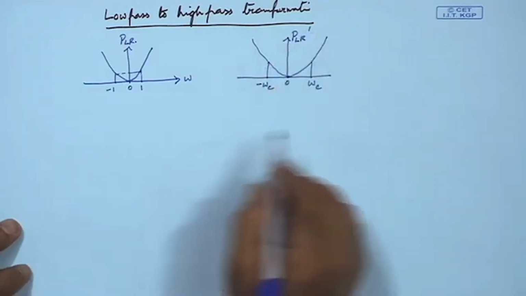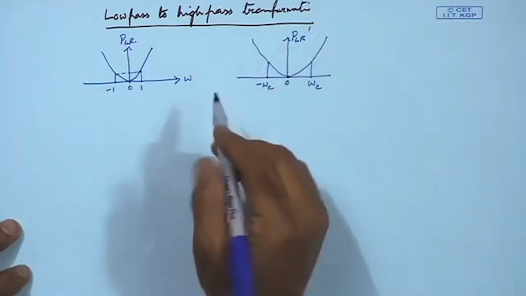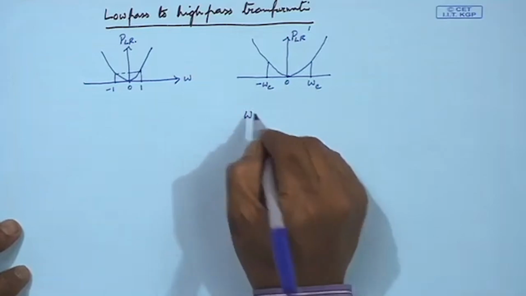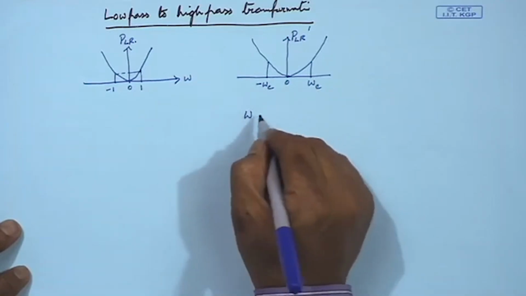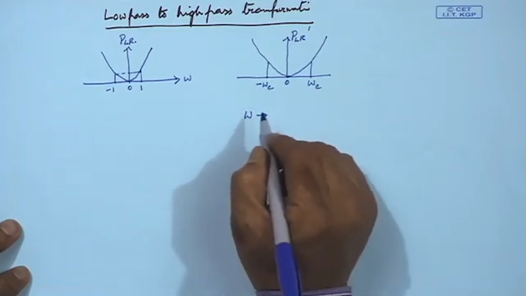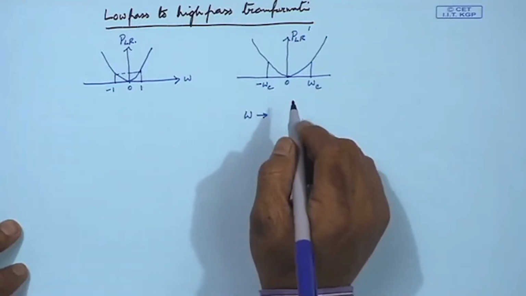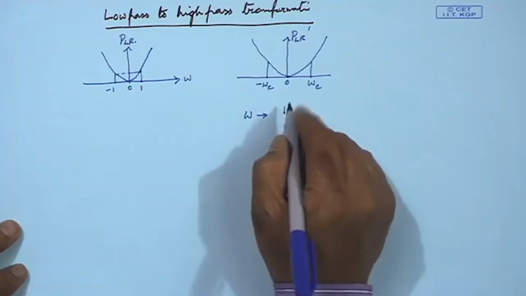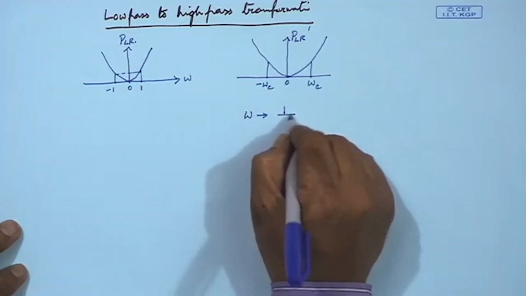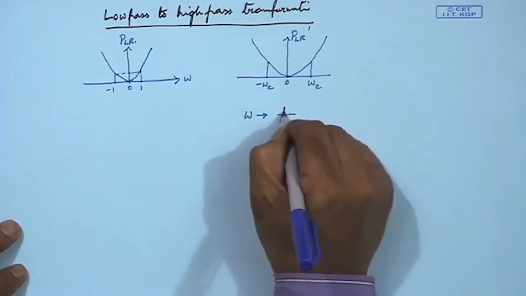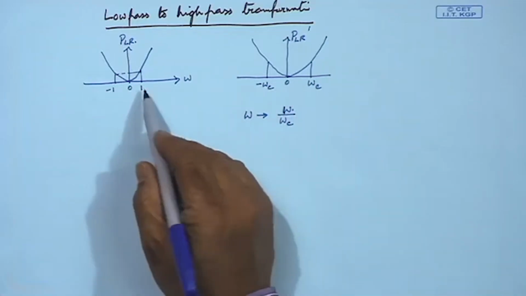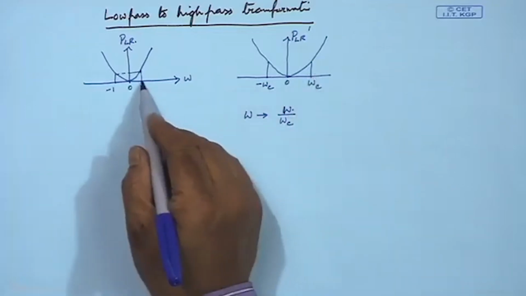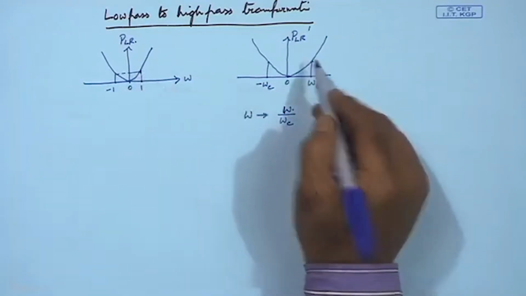Then we have already seen that if I change omega to omega by omega c, then when omega is equal to omega c, I have 1. So this point is being mapped to omega c.